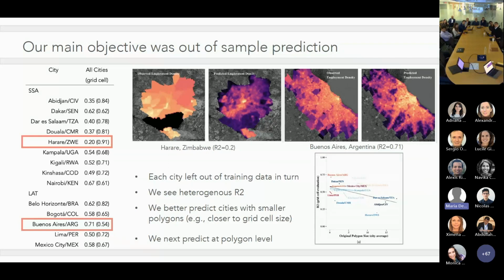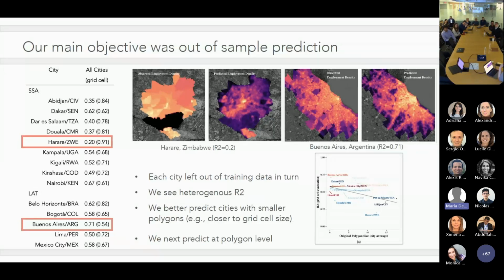So we're trying to extract a lot for cities that originally had very large input polygons. One of the things we suspected was that we can predict better for cities that originally had small polygons, and this little plot on the right confirms that: we have a higher R-squared for cities that had better data quality, or smaller polygons to begin with.